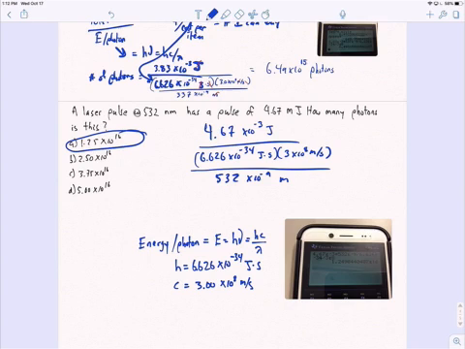Did you get A? Raise your hand. Okay. This is a pretty easy calculation. I just want to make sure you're doing it.